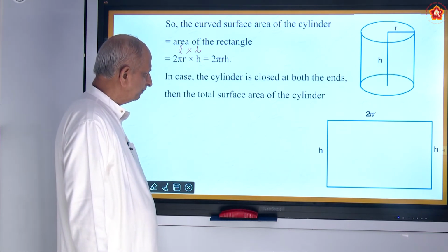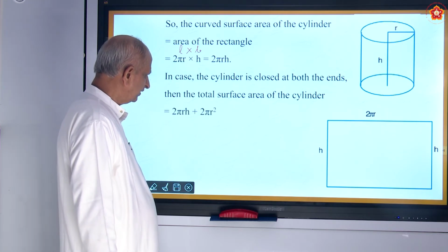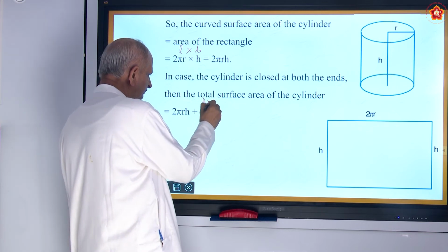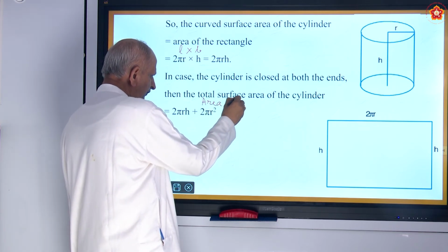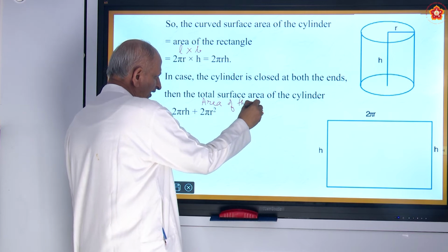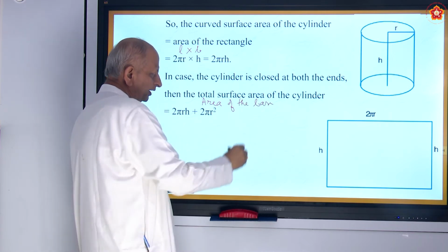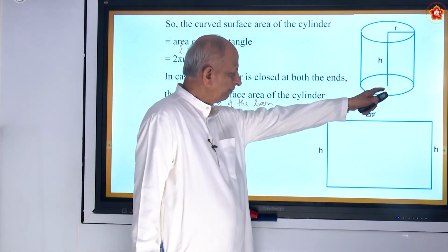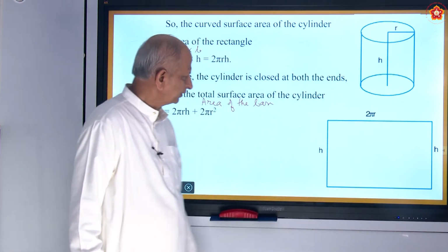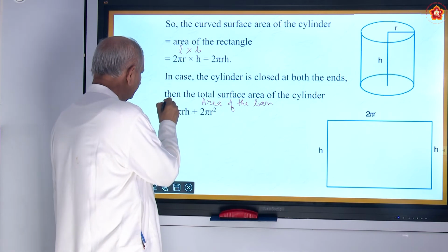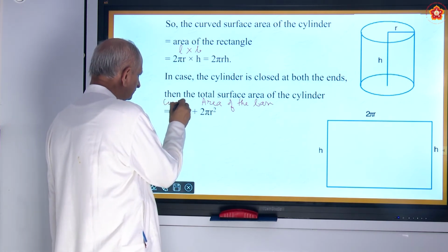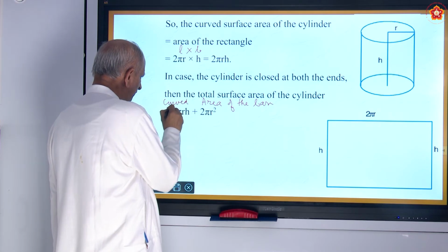Cylinder is closed at both the ends. So total surface area of the cylinder is equal to this, the area of the base. How many bases are there? There are two bases, both are circles. One is bottom and another is top. And this is what is called curved surface area.